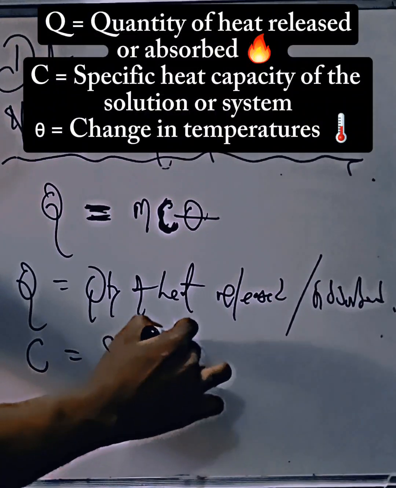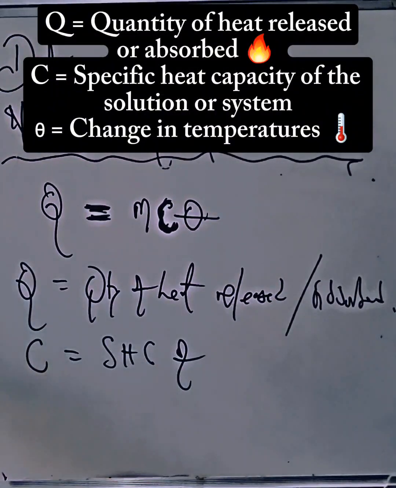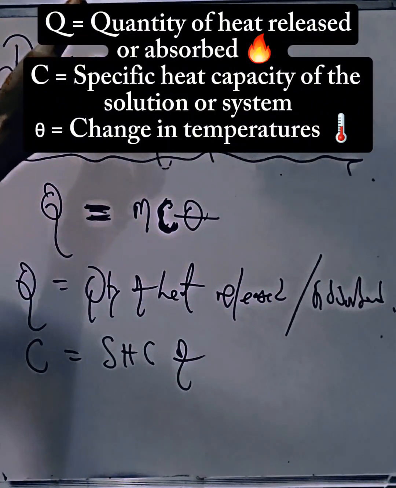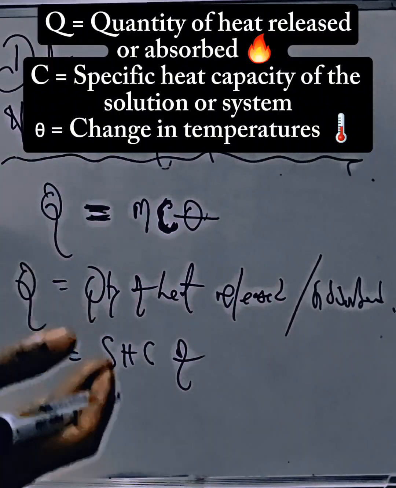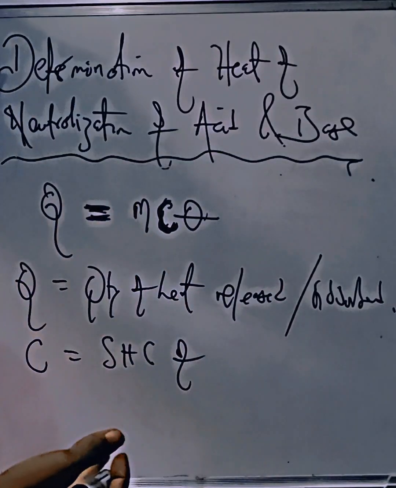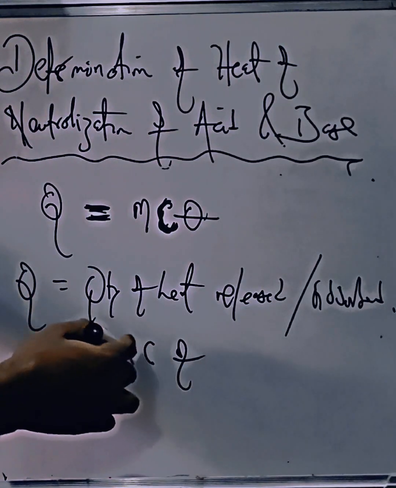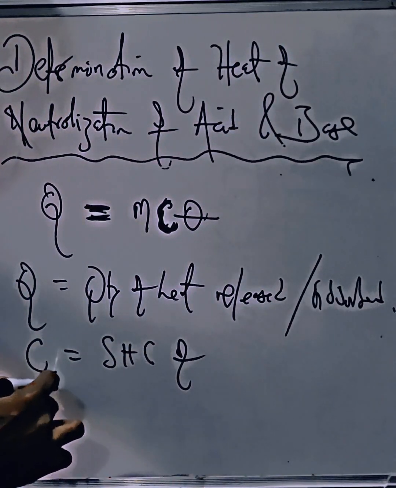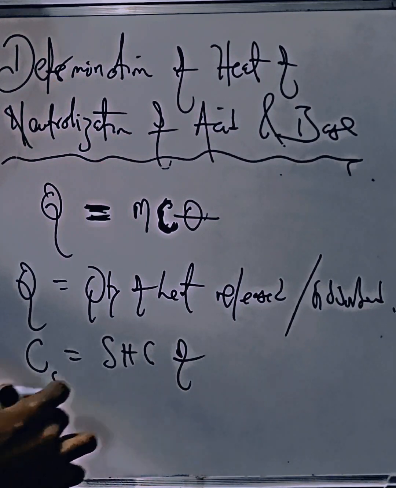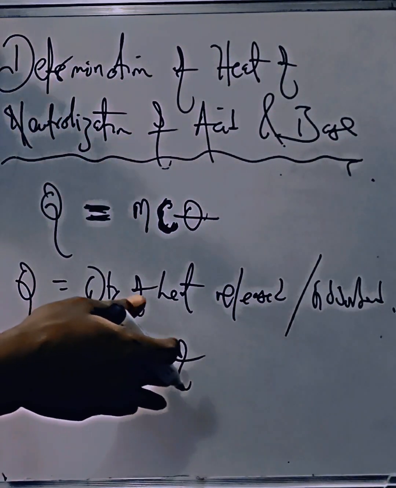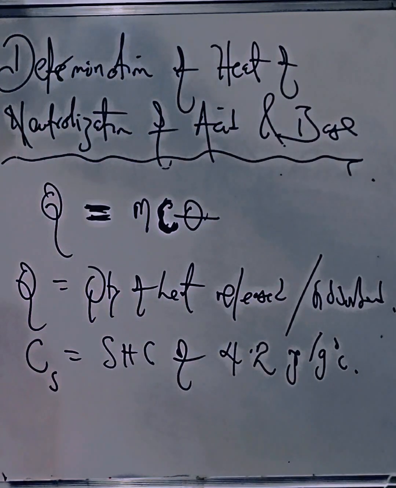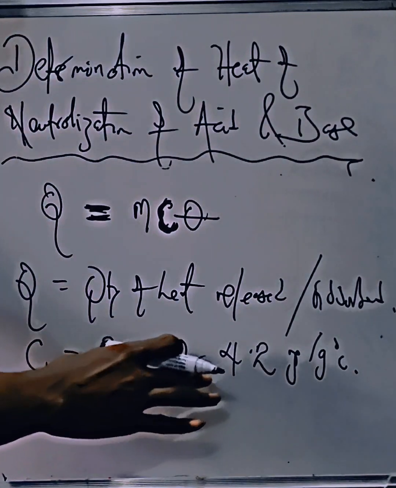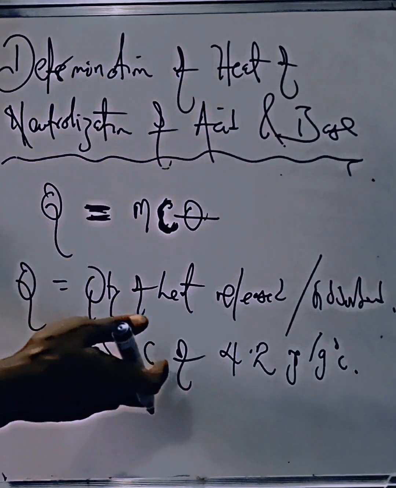In our own case, the specific heat capacity of the solution will be required, because once you've added the acid and base, you produce a solution. So we are assuming that the solution has the same specific heat capacity as that of water. If we denote that by Cs, we're going to have the specific heat capacity of water, which is 4.2 joule per gram degree Celsius, for dilute solution, because we're making a solution of acid and base, mixing them together.